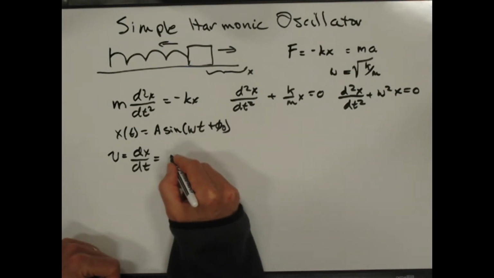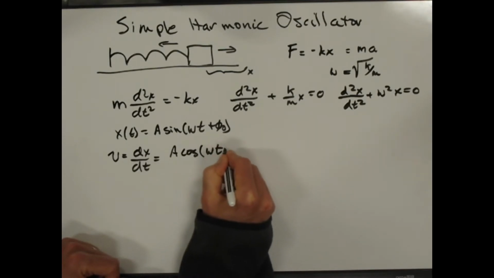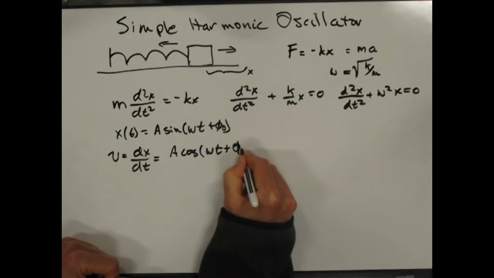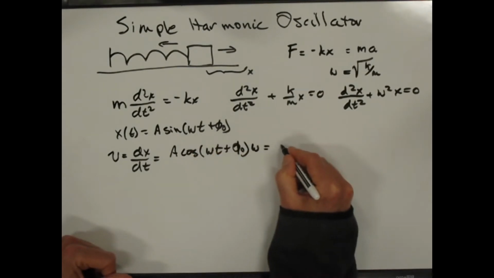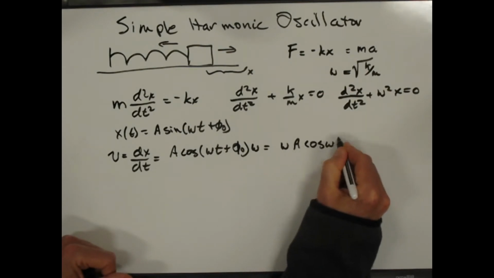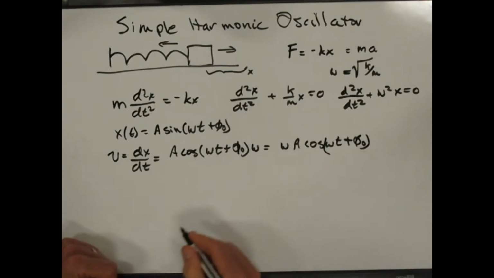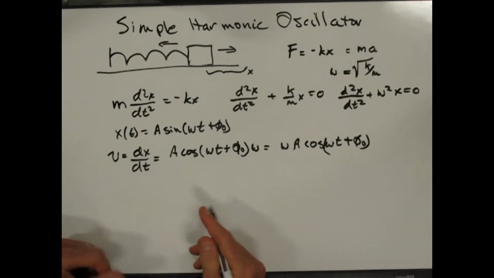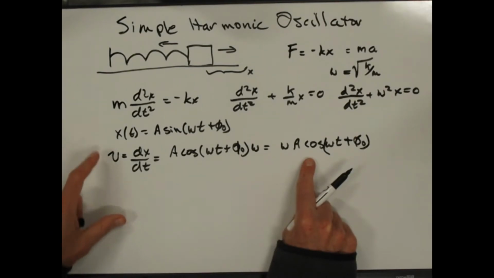And so this becomes a cosine, because the derivative of sine is cosine, of omega t plus phi naught, times the derivative of what's inside the parentheses, which is just omega. So that becomes omega A cosine of omega t plus phi naught, like that, right?